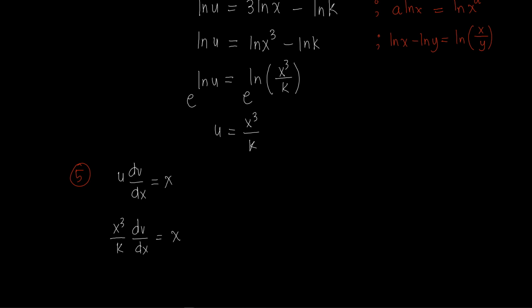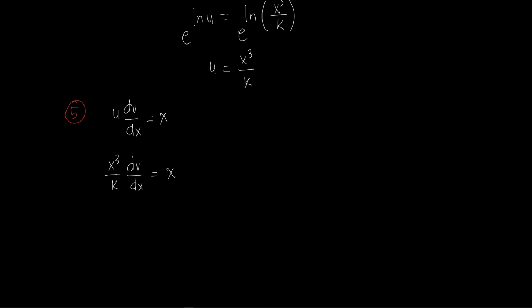Then, ilipat natin sa kabila, magiging dv over k is equal to x dx over x cube. Okay, so ito, nilipat doon. Then, ito din, nilipat sa baba. Ano siya, x cube. Then, matitira dito is ito na lang, dv over k.